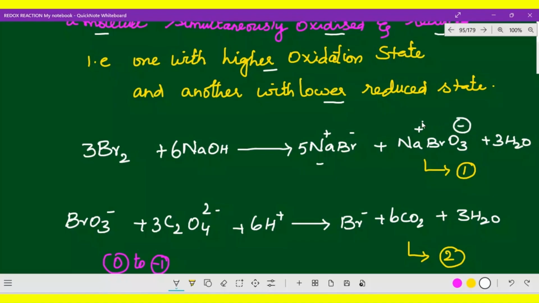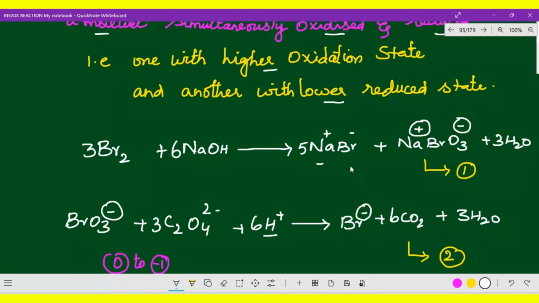I hope you got that idea. Again, this BrO3 minus combines with 2 gram of calcium oxalate in the acidifying solution, as mentioned in the question, and you get bromide ion, carbon dioxide and water.